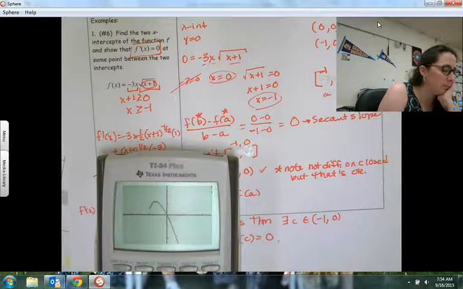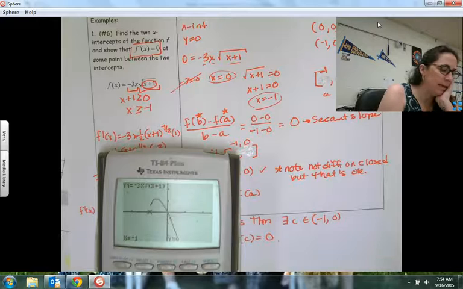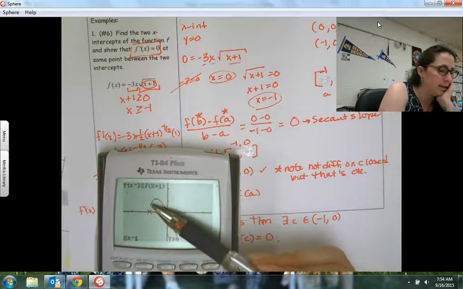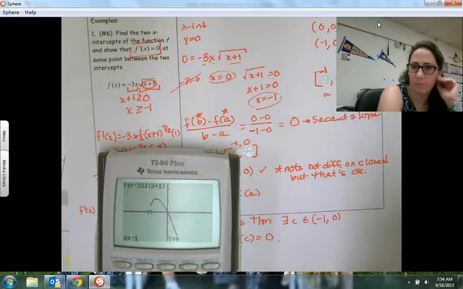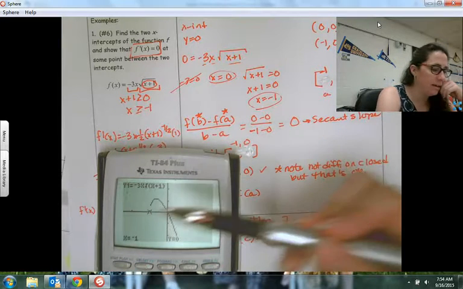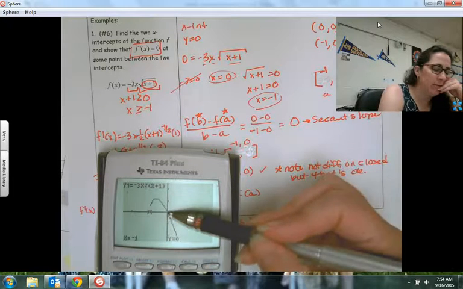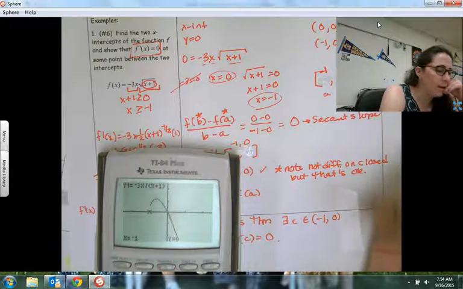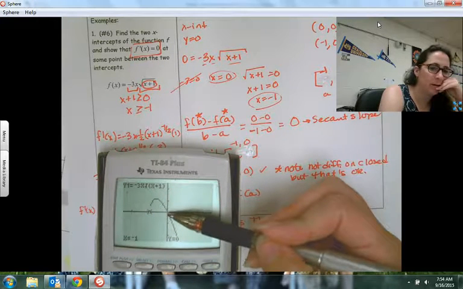Okay. So here at -1, my graph is kind of a little bit sketchy. I might need to change the pixel stuff a little bit. But here I can see at -1, I am at 0, and at 0, I am at 0. It is smooth and continuous on that open interval.